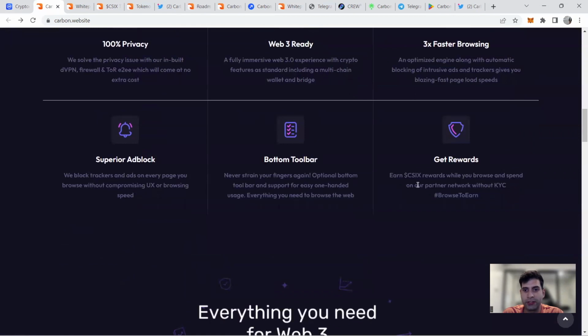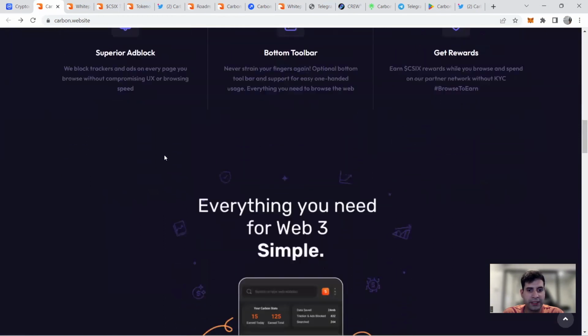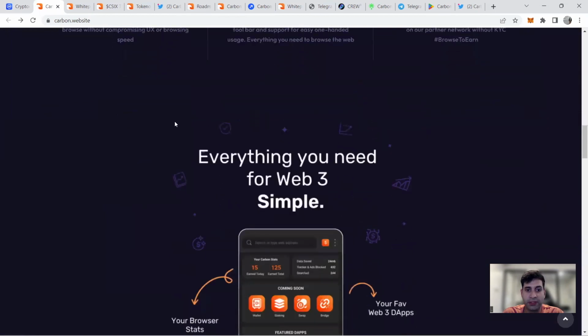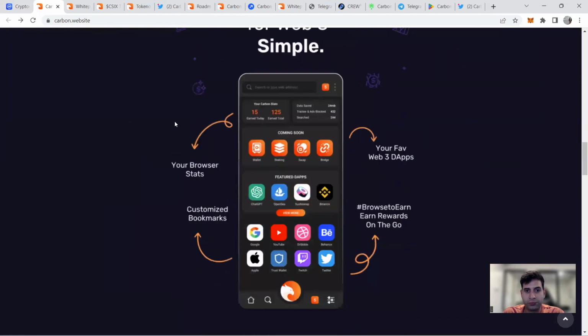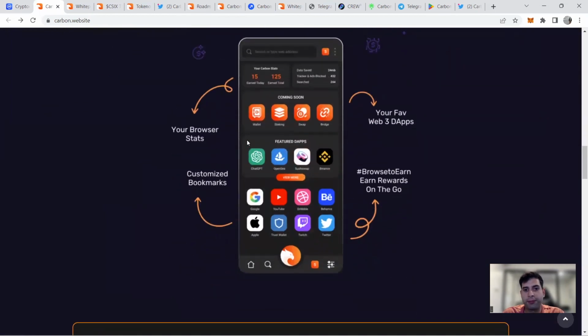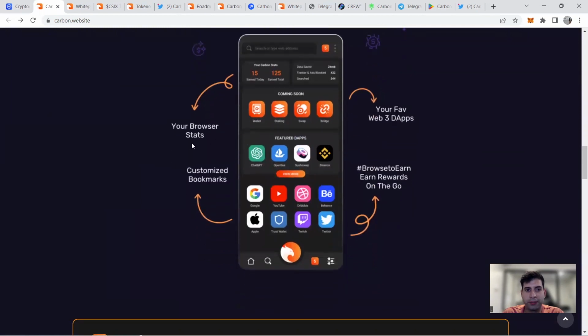It provides rewards with the CSIX token, has better UX for the toolbars, and has a very strong ad block system. For now it's tailored for mobile phones. On your phone, when you have the app open, you have the browser statistics, how many tokens you've earned based on your browser capacity, your favorite Web3 applications, the browse-to-earn feature, and customized bookmarks.